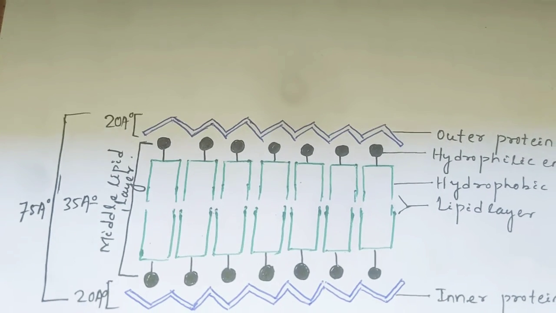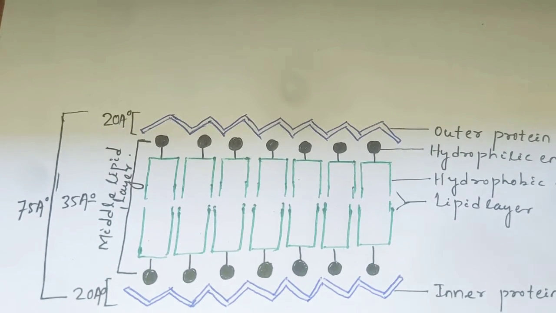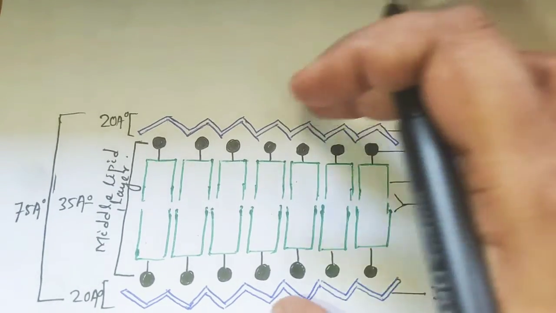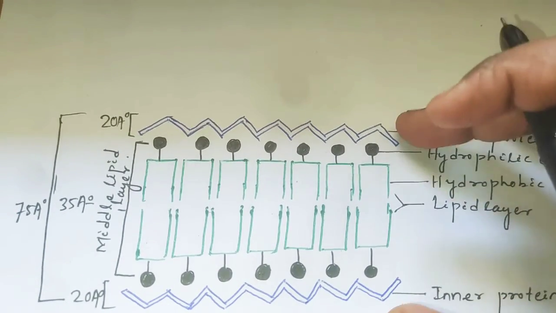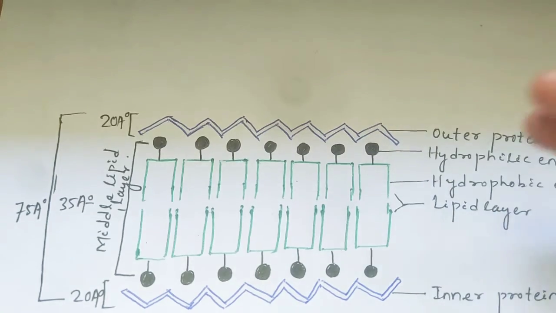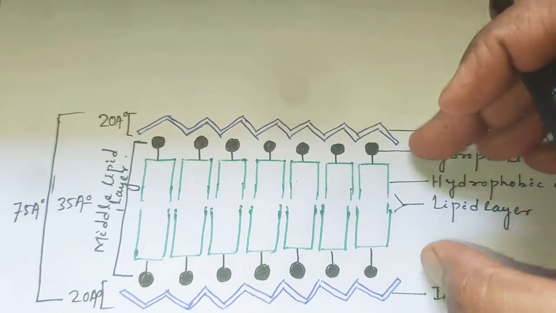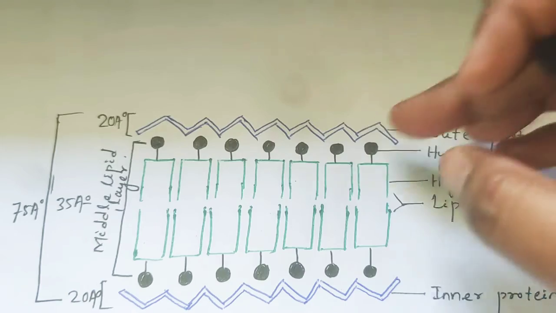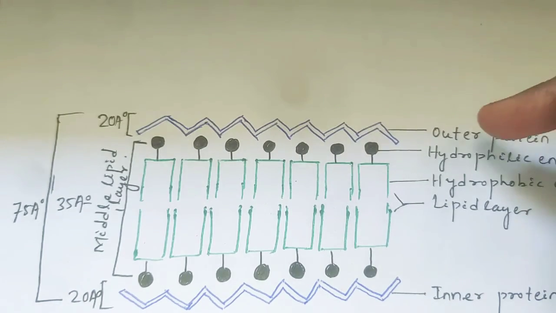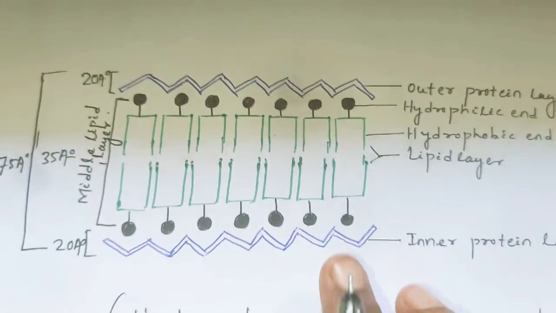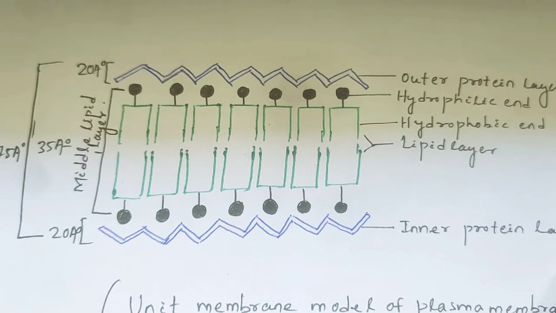Now next, about the layers. Here the two layers, the outermost layers on both sides, are made up of protein, which cover the middle part. The first layer is the outer protein layer and the second layer is the inner protein layer.